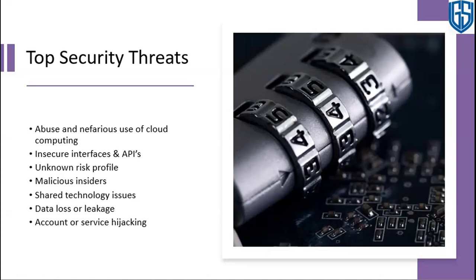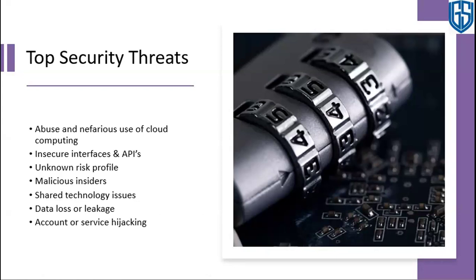Then there is data loss or leakage. This is happening to a lot of companies. Data loss is one term. How exactly is this possible? Onto the cloud also, if you have not set things properly, maybe because of some attacks, your database has been deleted and its backup is also deleted.